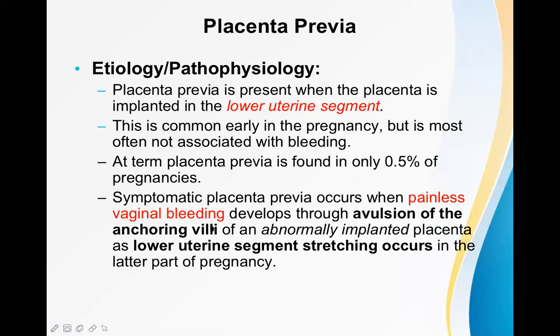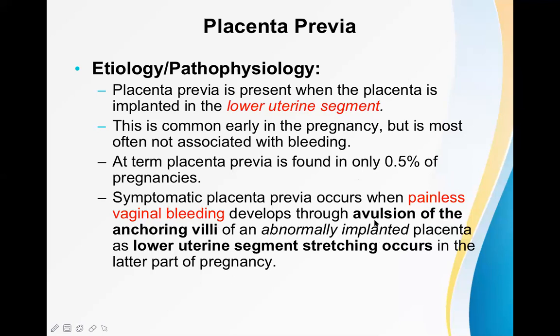And the important point regarding the diagnosis is it leads to painless vaginal bleeding at the third trimester. This bleeding is painless, whereas in abruptio placentae, it leads to painful vaginal bleeding. This is the important point. Now, why does bleeding occur?